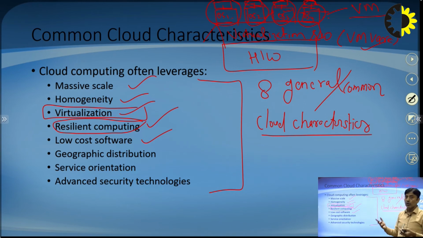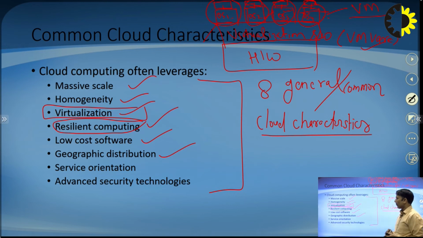This is why nobody wants to purchase software now. They go to a cloud vendor, take the services, and release them after use. They need not pay otherwise, because this is pay per use. We pay when we use.